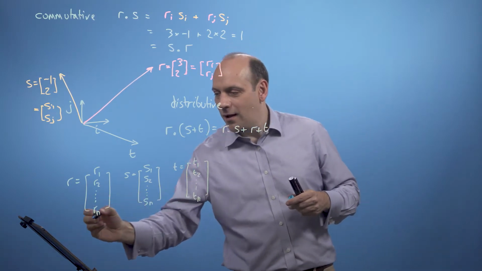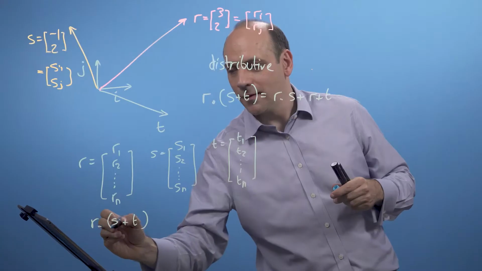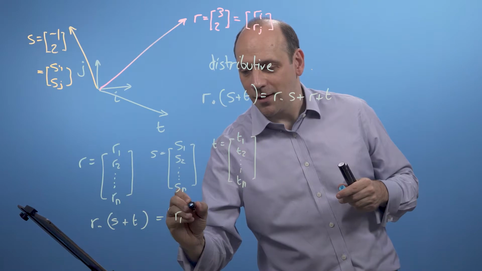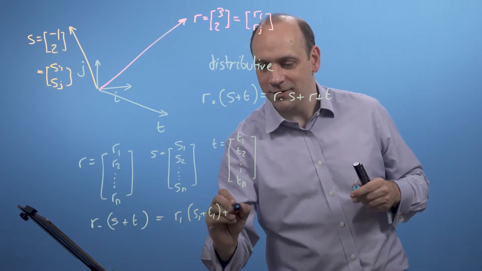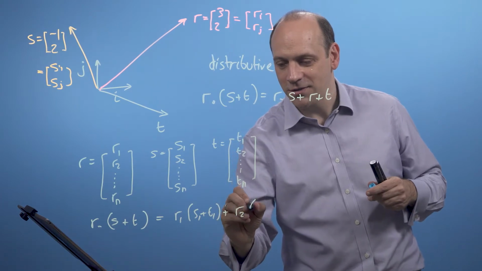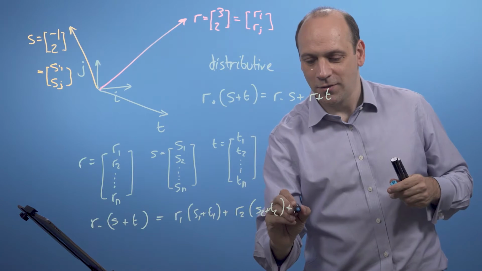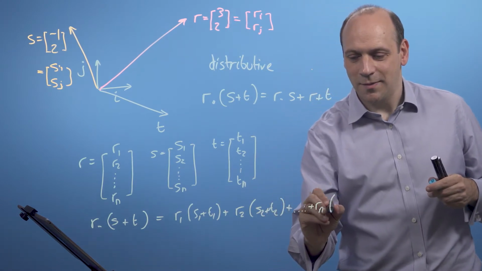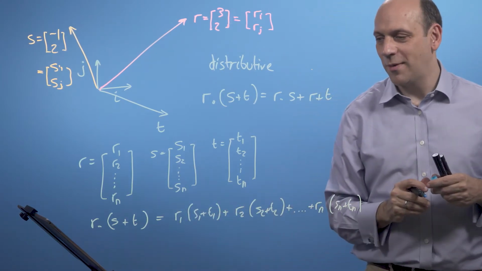And then r dot (s plus t) is going to be equal to r1 times (s1 plus t1), plus r2 for the second dimension times (s2 plus t2), plus all the other dimensions, plus rn times (sn plus tn), if I multiply it out for all the dimensions.